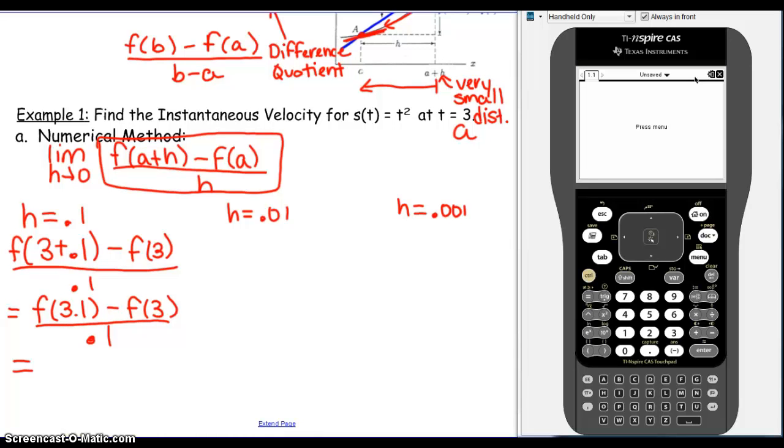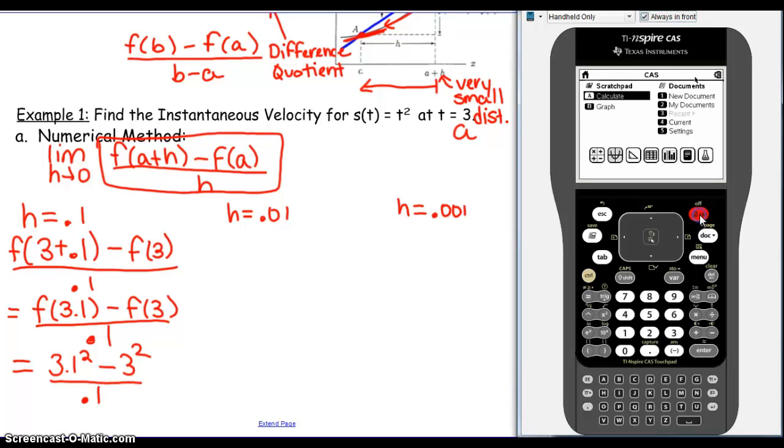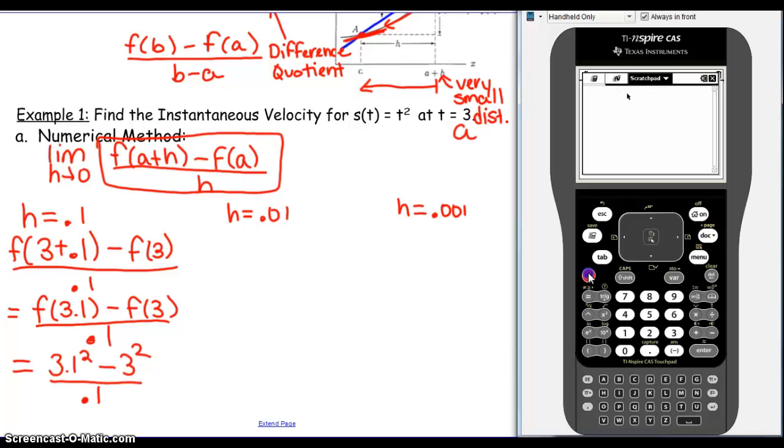So we're just going to plug 3.1 and 3 into t squared. So we're going to have 3.1 squared minus 3 squared over 0.1. And now we can just type that in the calculator. 3.1 squared minus 3 squared over 0.1 is 6.1.